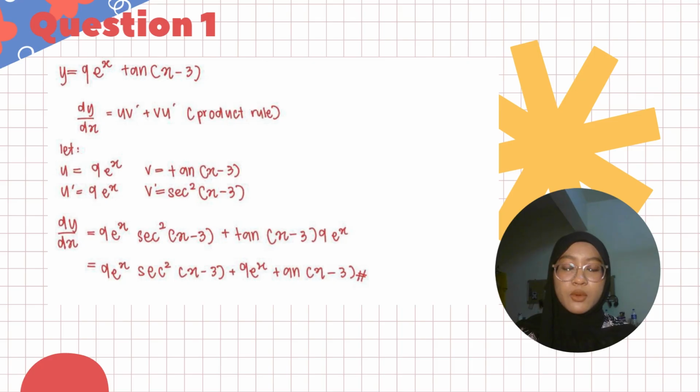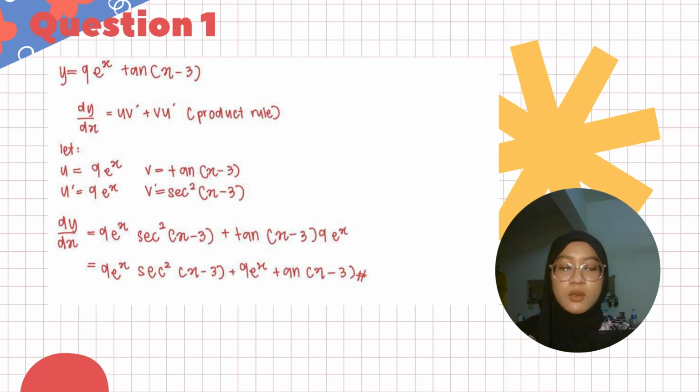Here I wrote down the equation of the product rule, which is dy/dx equals u v prime plus v u prime. Let u equal 9e to the power of x, and then u prime equals 9e to the power of x.